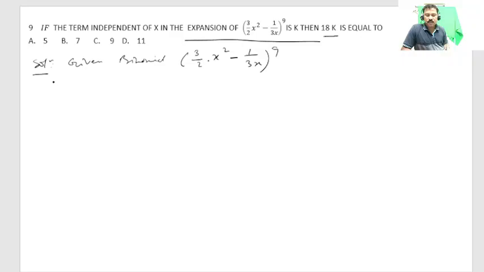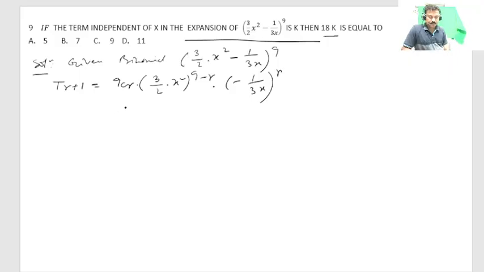Let t(r+1) be independent of x here. So t(r+1) equals 9cr into (3 by 2 into x square) whole to the power 9 minus r into (minus 1 by 3x) whole to the power r here.